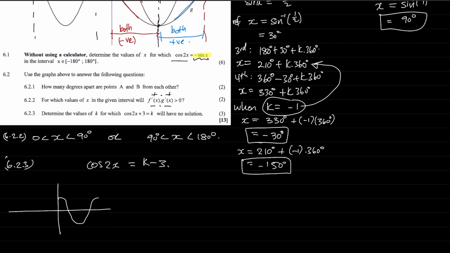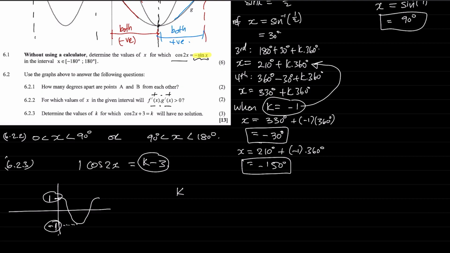For a cos graph, the amplitude hasn't been changed, so the amplitude is 1. It starts at 1 and it's between 1 and minus 1. So it's going to have no solution when this k value falls below minus 1 or when this value falls above 1. So we're going to have two solutions here.